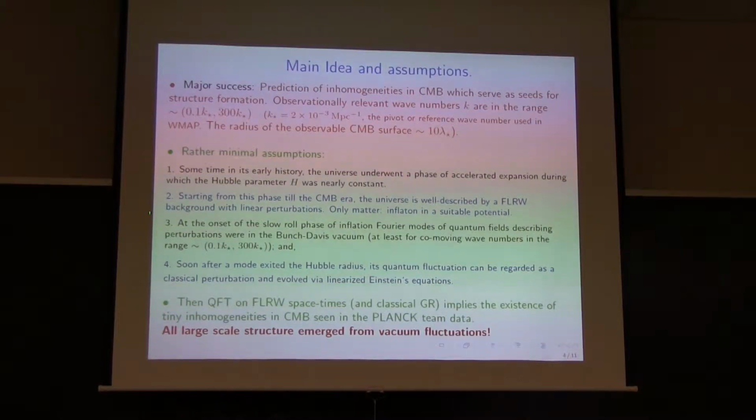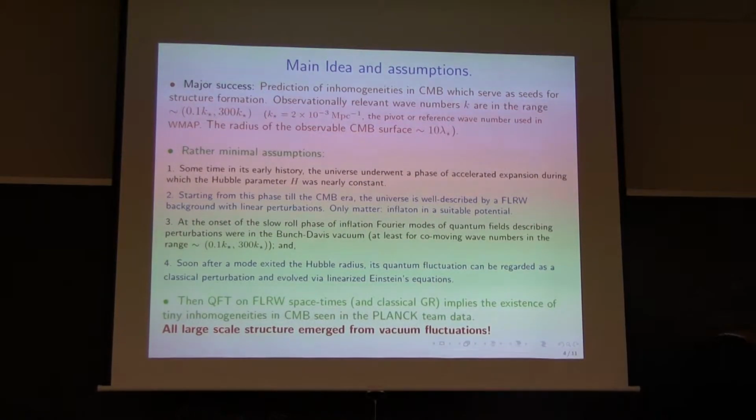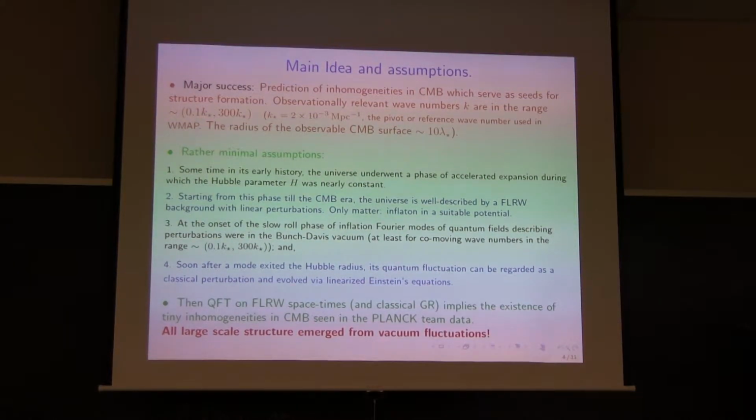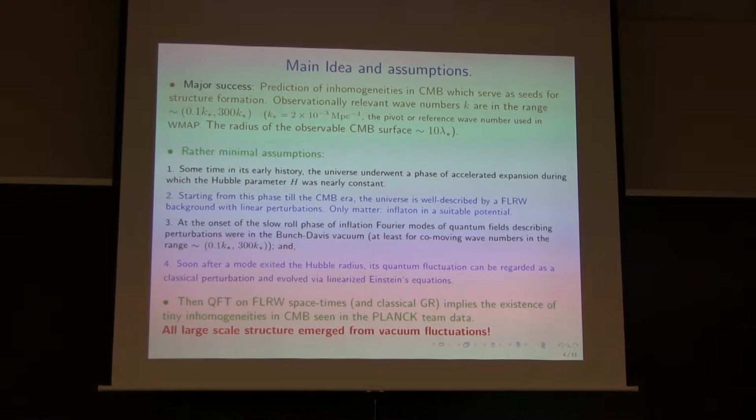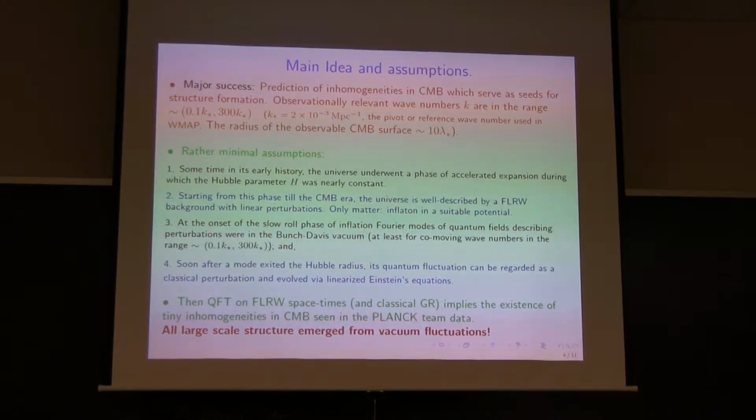Let me first talk about the minimal assumptions and then talk about the major success. The assumptions are that sometime in the early history, the universe underwent a phase of accelerated expansion during which the Hubble parameter, which is just a-dot over a, where dot is a derivative with respect to proper time, is nearly constant.